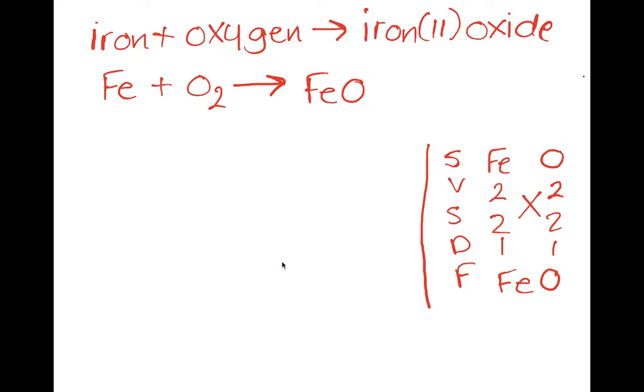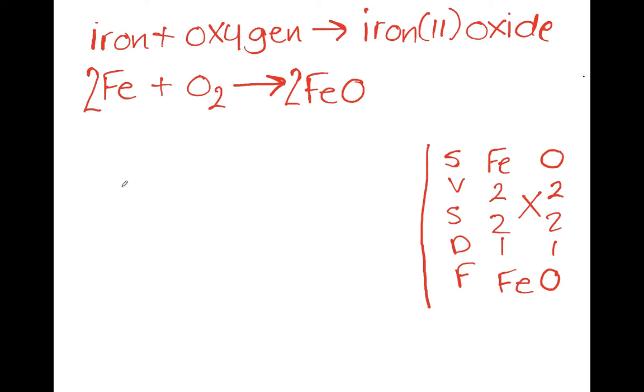So there is our chemical equation. Sorry, our chemical equation is not balanced. We have 2 oxygens, 1 here, 2 here, so we've balanced our oxygens. To balance our irons, we go here, which is our balanced equation.